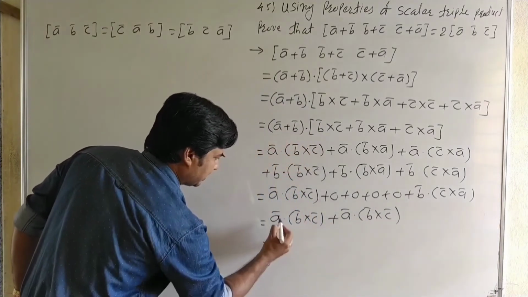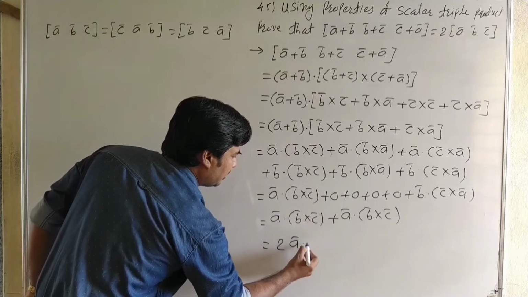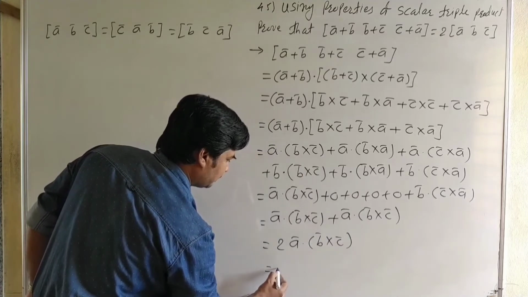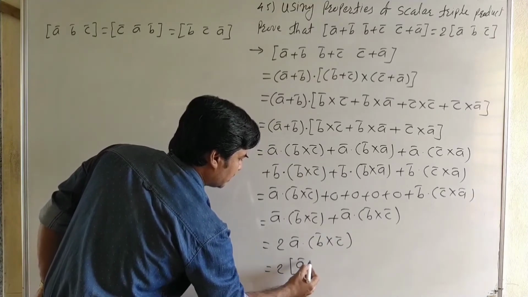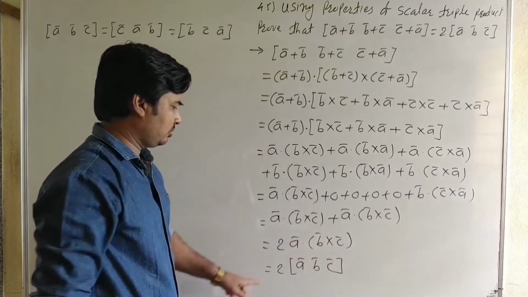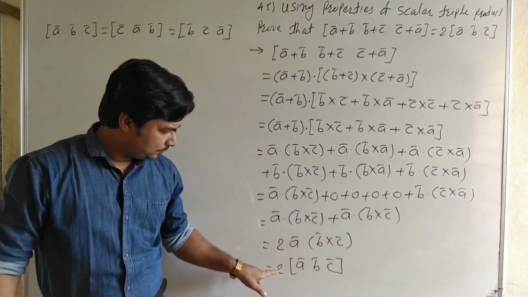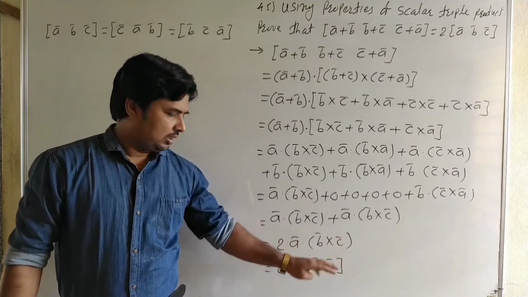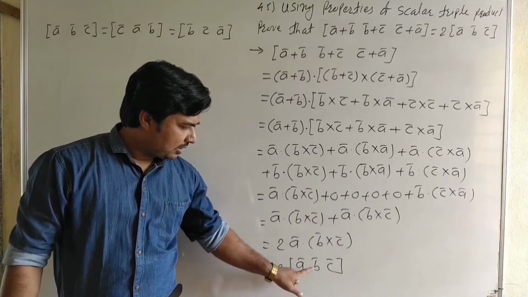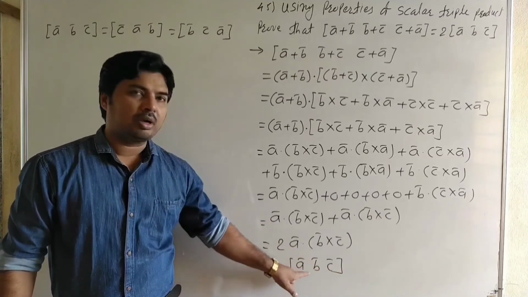Okay, and then it is 2 into a bar dot b bar cross c bar, and it is our proof. 2 into a bar, b bar and c bar, in terms of dot and cross. It is a scalar triple product, and we can write it in the box product form: a bar, b bar, c bar.